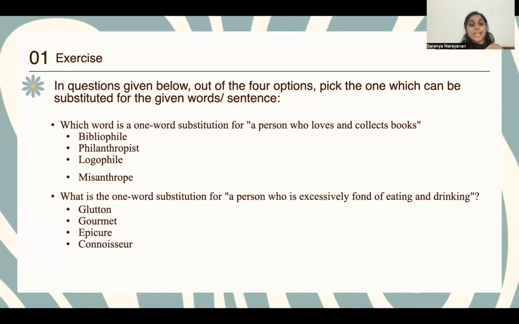Try to figure out the answer for this question. What would you call a person who is excessively fond of eating and drinking? If you have thought of the answer to be glutton, then it's the correct answer. So the word which can replace this long phrase would be the word glutton.